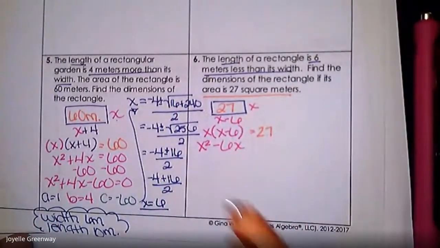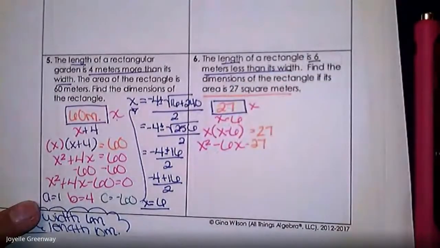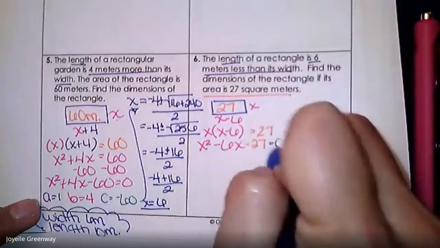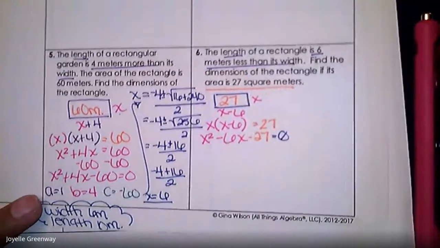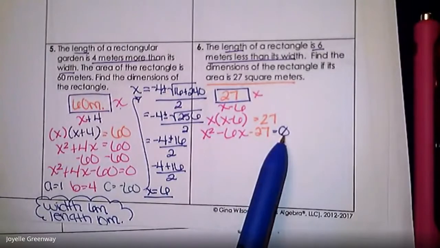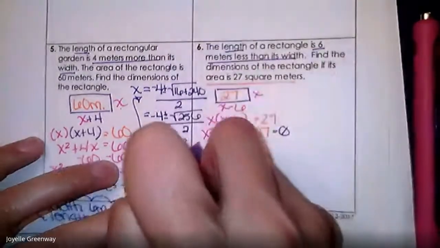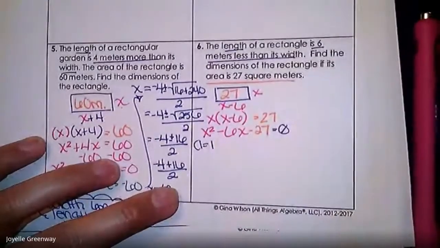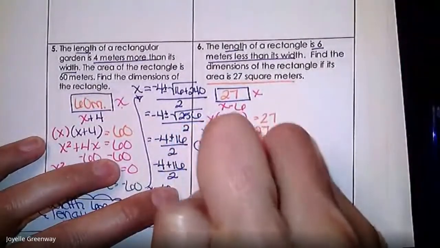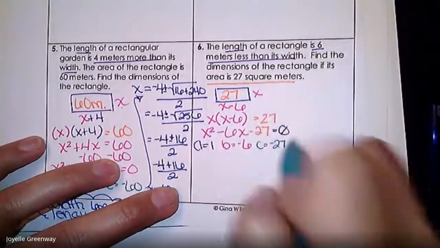And I know I'm going to have to move that 27 over in order to solve, so minus 27 equals 0. Now I can solve because my quadratic is set equal to 0. So my a value is 1, my b value is negative 6, and my c value is negative 27.